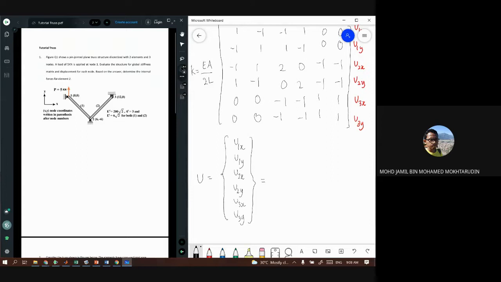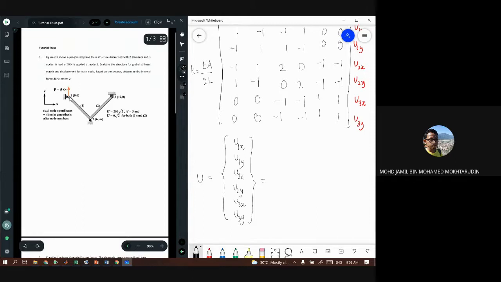Okay, then you apply the boundary condition based on the figure. So we have roller support at node number 1. For a roller support here at node number 1, the movement is allowed only in the vertical direction, but not in the x direction.